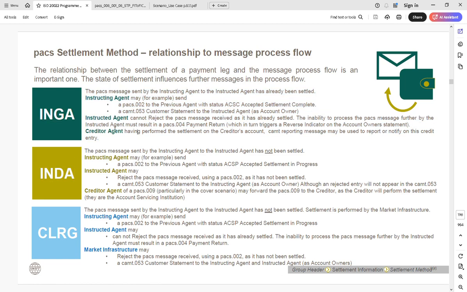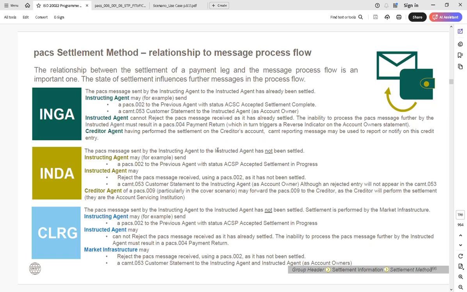Now next, the instructed agent cannot reject the PACS message received if it has already been settled. The instructing agent has already sent the payment and is settling it, and the instructed agent, the receiving agent 57A, cannot reject the message because it has already been settled. It can only recall the payment, send back the payment, which is the PACS004 message.